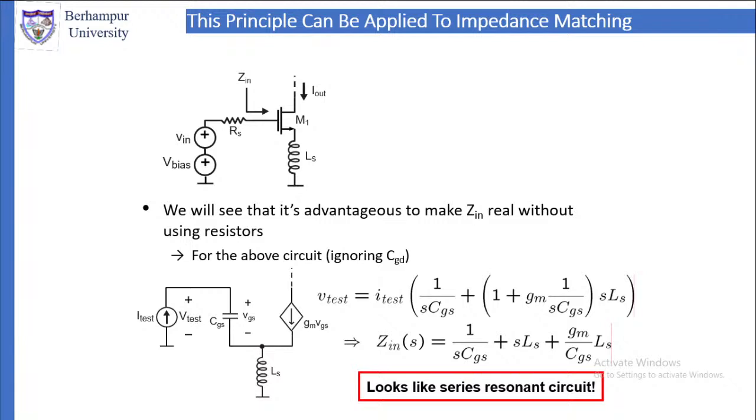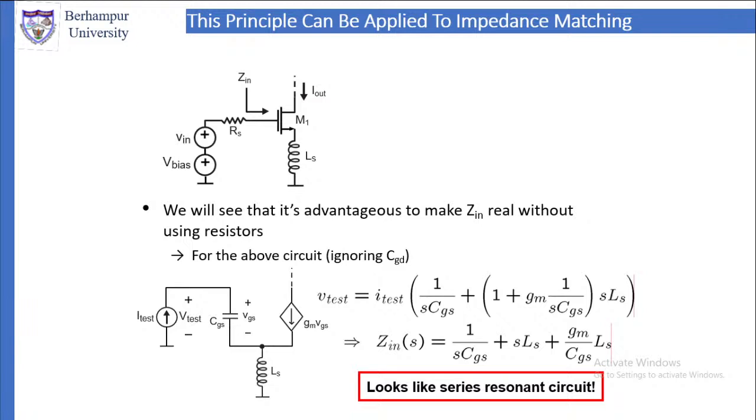Across CGS the voltage is VGS, then that is connected to LS, and to the transistor as a gain. So transconductance is GM, and GM into VGS is the equivalent current source for the transistor. A voltage dependent current device is a FET, CMOS FET. So this is the equivalent circuit.